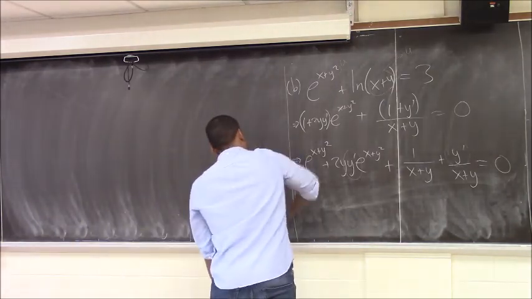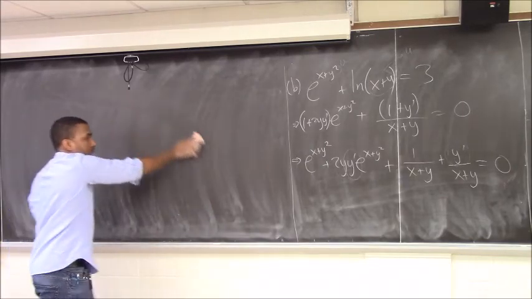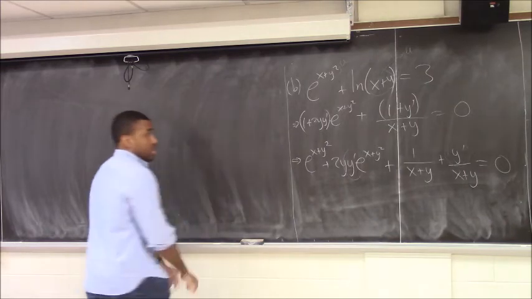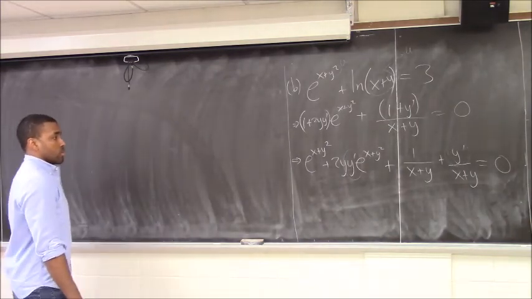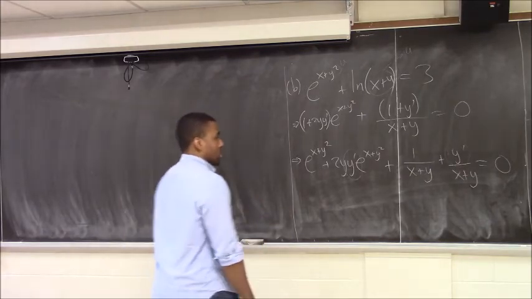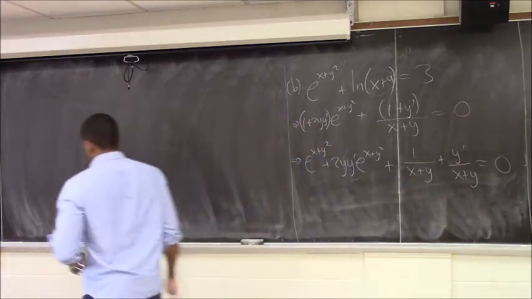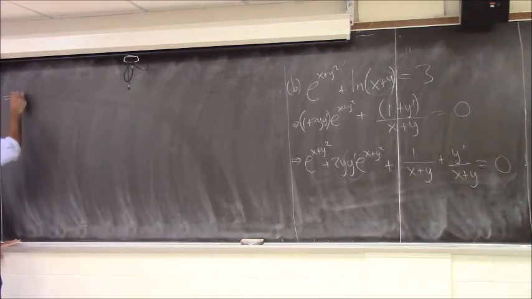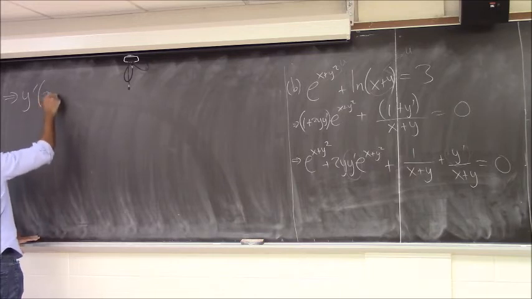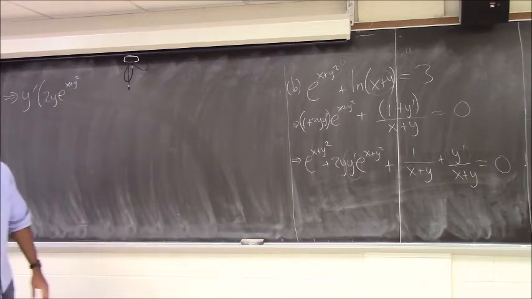So when I isolate terms, you do it the same way. Move everything that doesn't have the term you want to the other side. Factor out the term you want, divide by the thing. Which means here, if I leave these on that side, my y prime is a common term, so I would have y prime times 2y e to the x plus y squared. That's this.